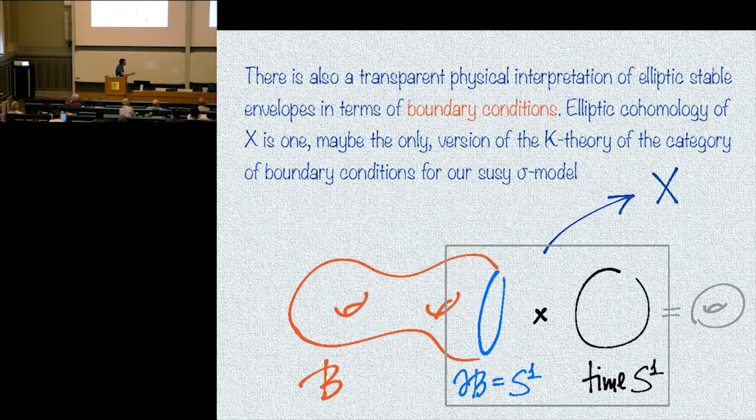So this boundary here is one circle cross another circle, so together they form an elliptic curve, or at least a torus. And the elliptic homology of X is basically one version, maybe the only version, of the K-theory of the category of boundary conditions for this three-dimensional theory.